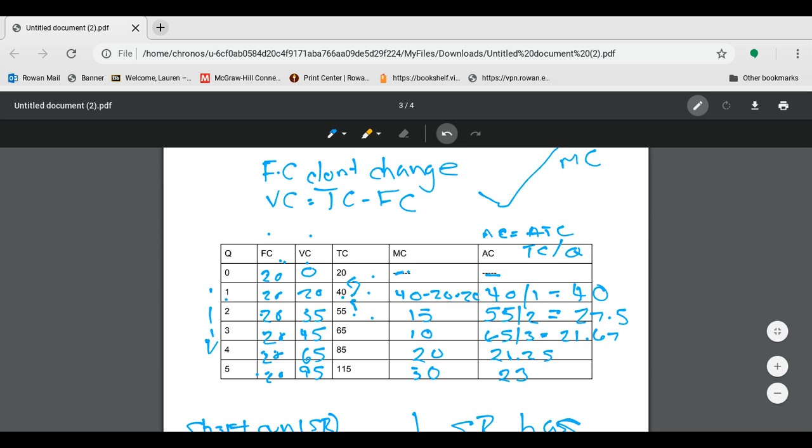So these are all of the costs. Average cost also starts out higher, goes lower, and then increases. But it looks more like a U than like a check mark for marginal cost. So just notice these little differences.